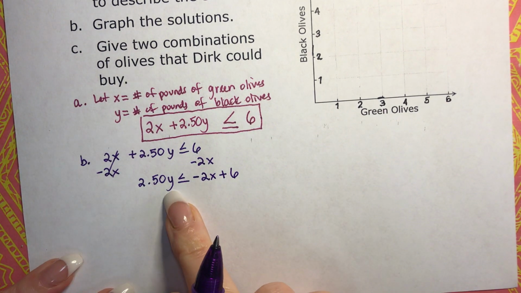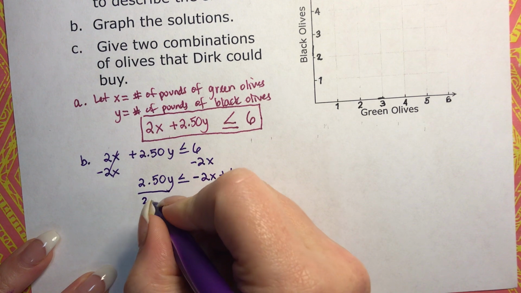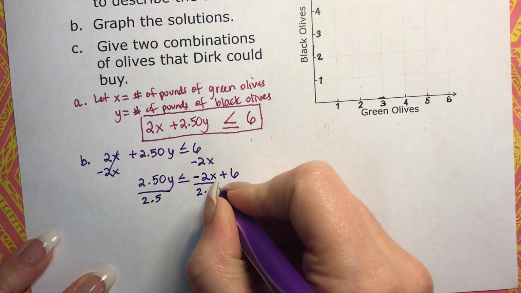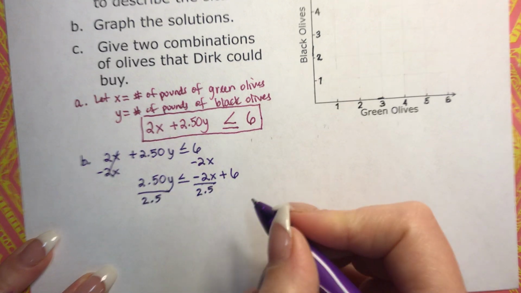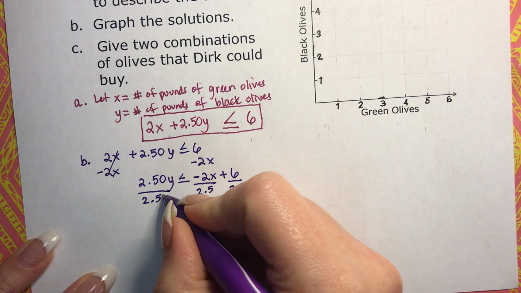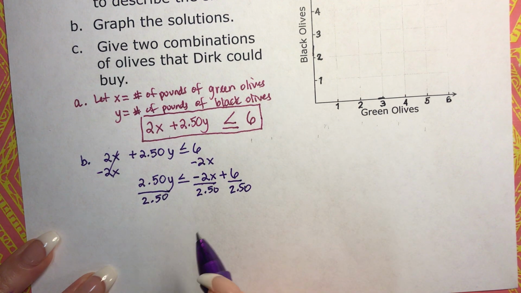Now I got to get Y by itself. So I'm going to divide both sides by 2.5. 2.50 is the same thing as 2.5. They mean the same thing. I mean, I can put the 0 there if it makes you feel better, but you need to know that they're the same.